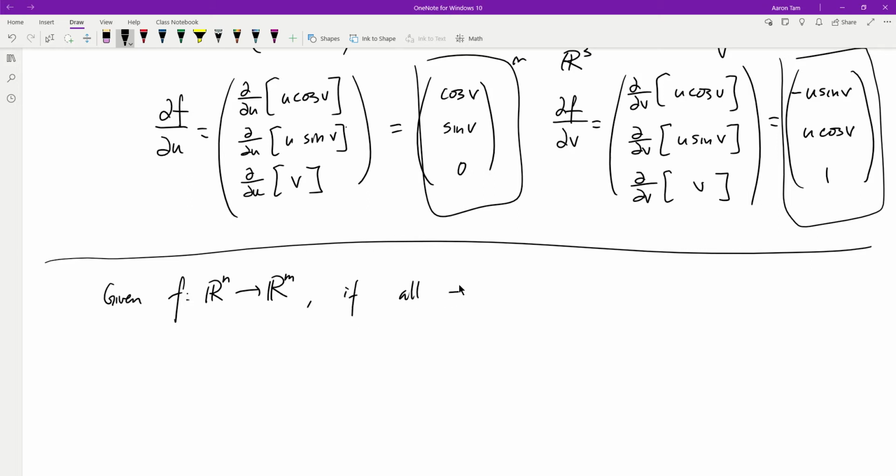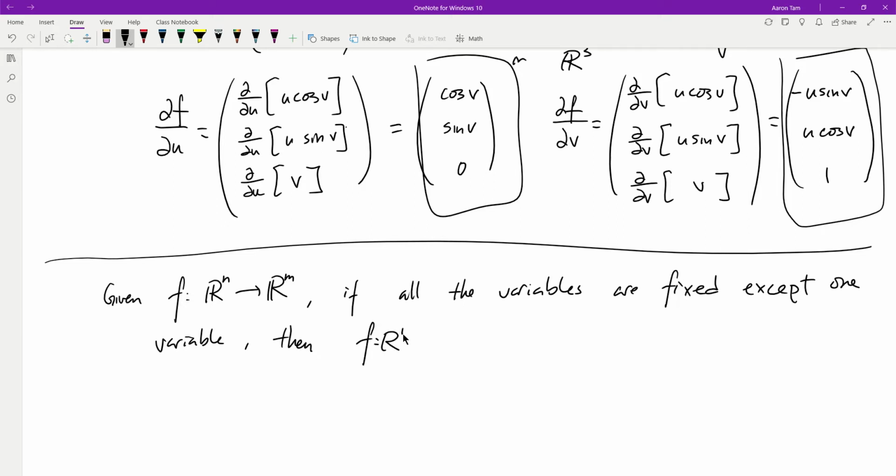If all the variables are fixed except one variable, then our function f that maps from Rn to Rm would simply turn into f that maps from R1 to Rm, with whatever the single variable that's not fixed.